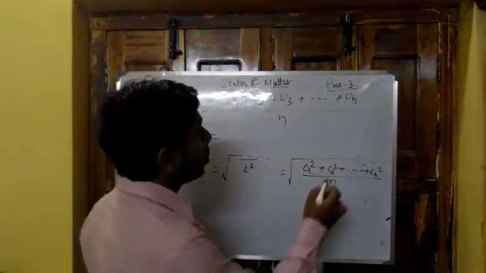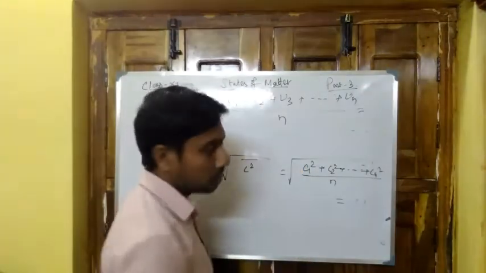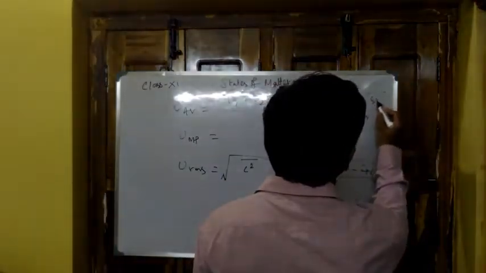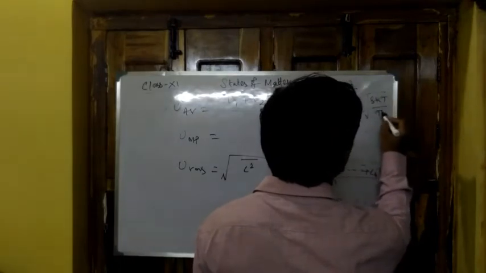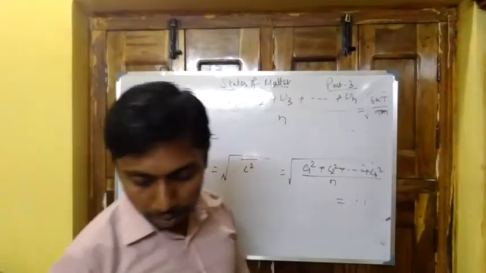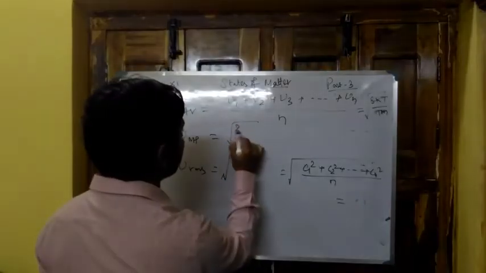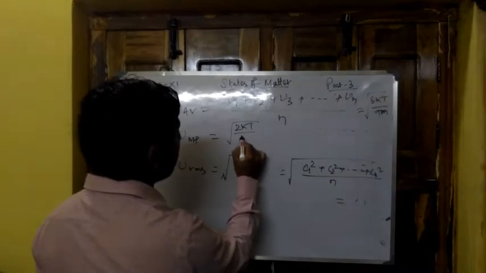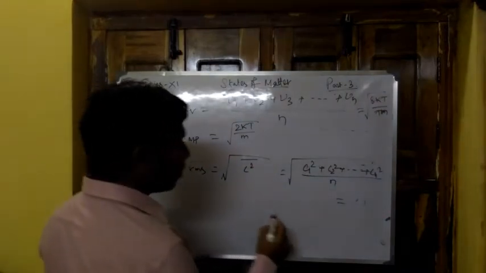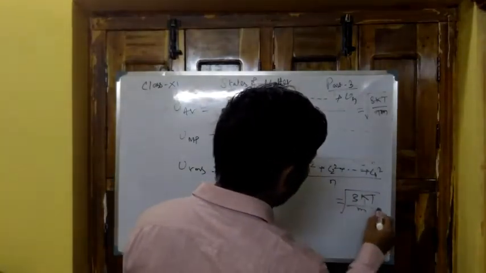And there is also another expression for these three terms, that is u average is equal to root over of 8 kT by pi m, and C most probable is equal to root over of 2 kT by m, and RMS is equal to root over of 3 kT by m.